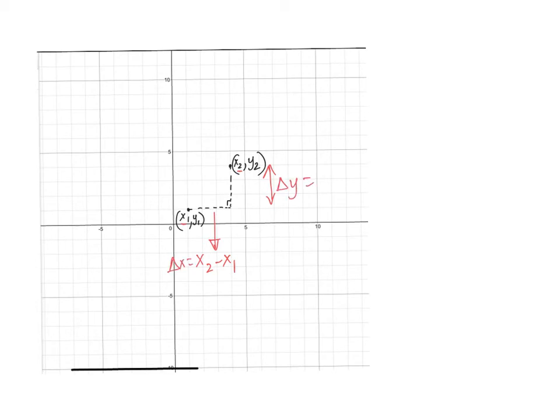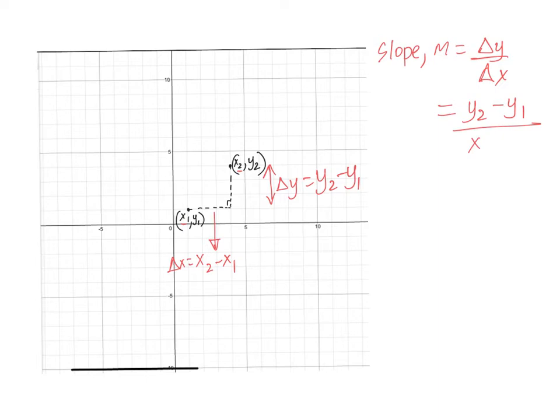This would be the difference in the two y coordinates. If I wanted the slope, it's delta y divided by delta x. What's delta y? y2 minus y1. And what's delta x? x2 minus x1. So that becomes a formula.